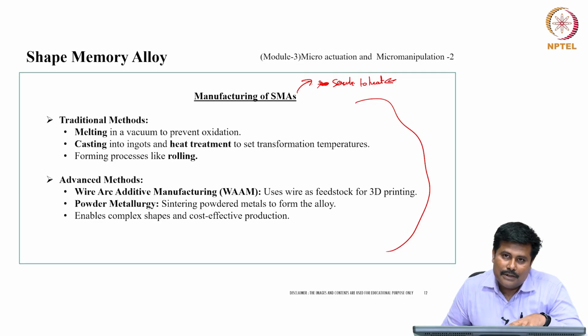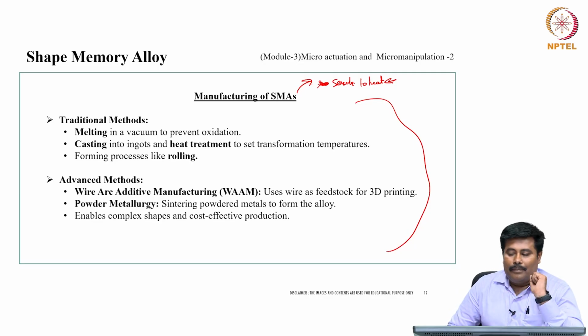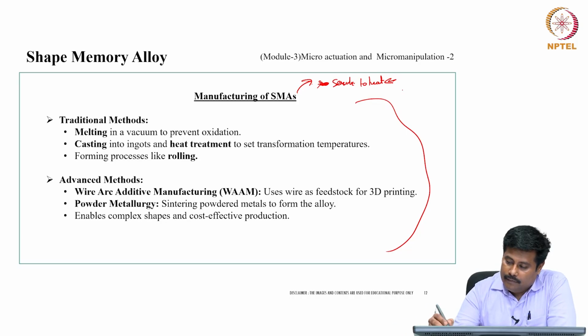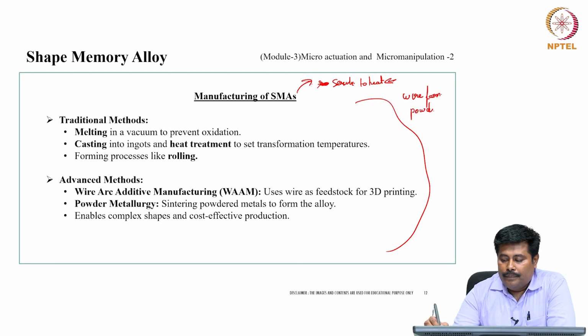Now, commercially, when you try to buy these shape memory alloy structures, they are available in the form of wire, powder, sheet, plates or rods.